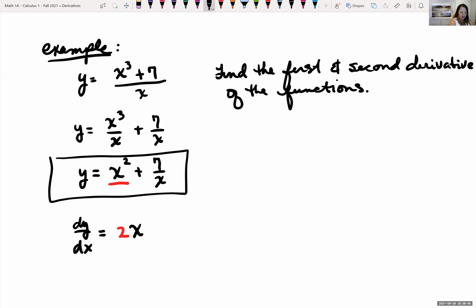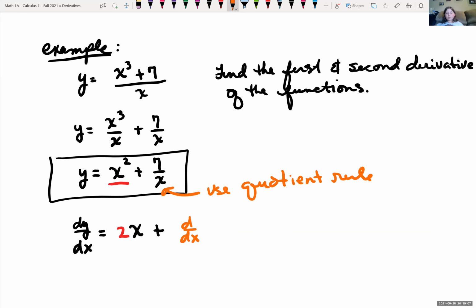So the derivative of x squared is 2x, plus, I need to use my quotient rule here. So the derivative of the numerator, d dx, I haven't taken it yet, of 7.